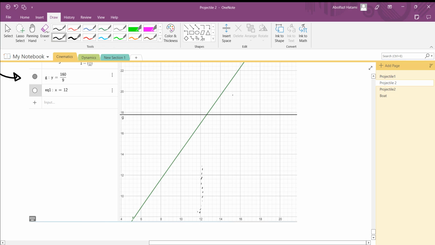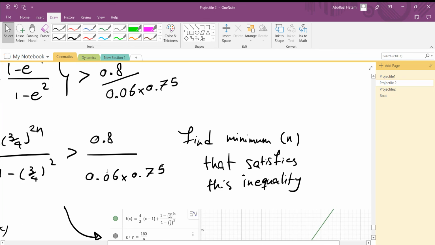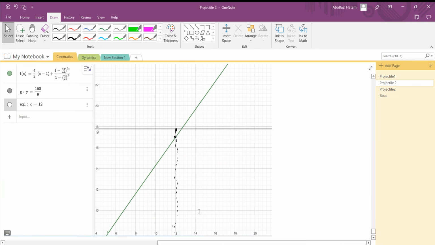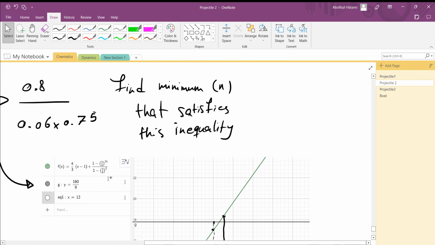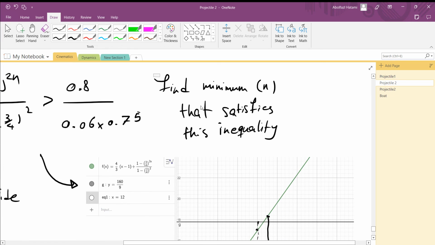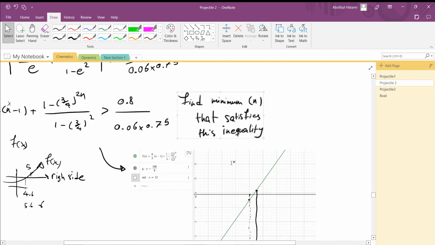below it means that before n reaches 12, the left side is less than the right side. But just after 12, for example 13, which is about here, our left side is going to be greater than the right side, and we should find the minimum n that satisfies this inequality.